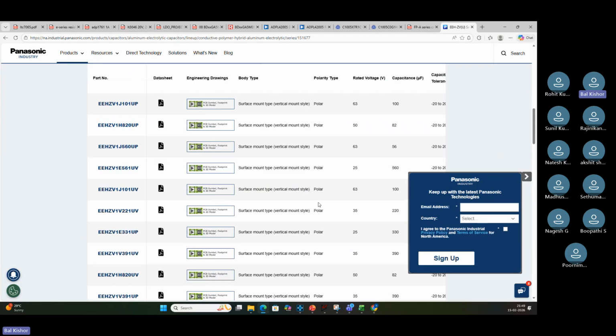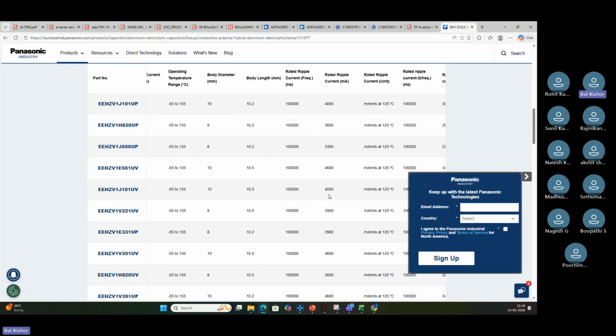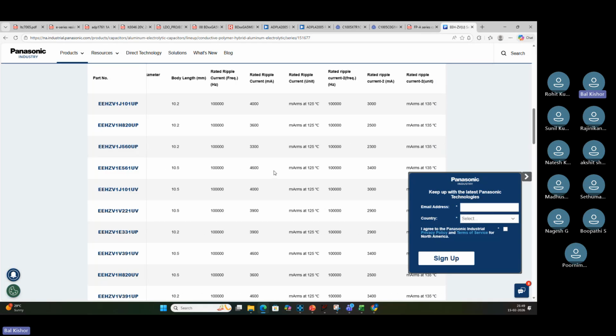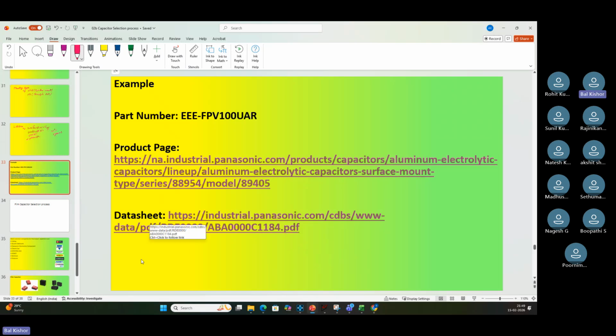Okay, so this was all about the electrolytic capacitors. Any question like why do we use electrolytic capacitor or why do we use ceramic capacitors? Only one change you can tell, that for higher values of capacitors you can go ahead with electrolytic capacitor, and for lower values of capacitors you can go ahead with ceramic capacitor. If you have to save space, you should go ahead with ceramic capacitor.